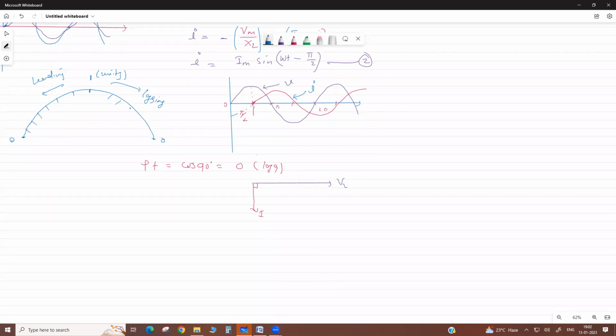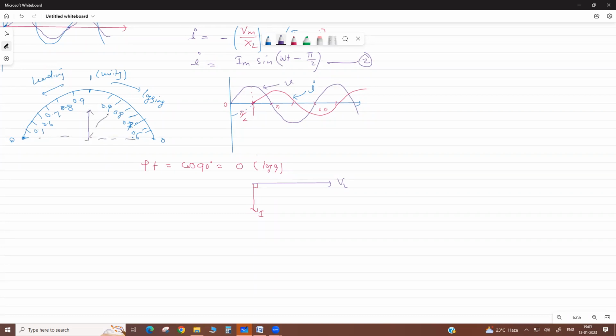In the ideal case, your reading is either 0 on one side or unity.